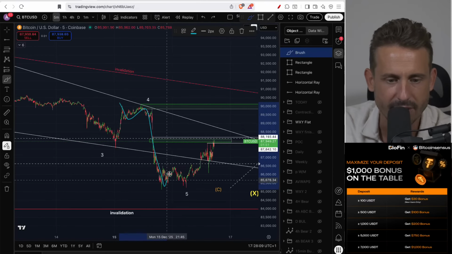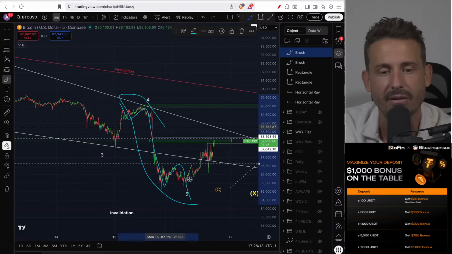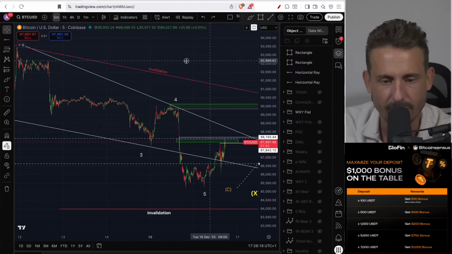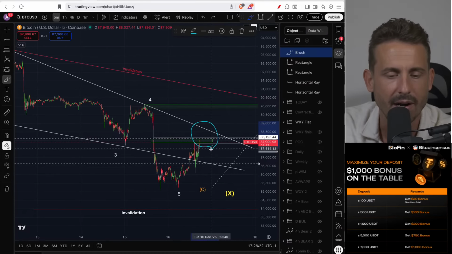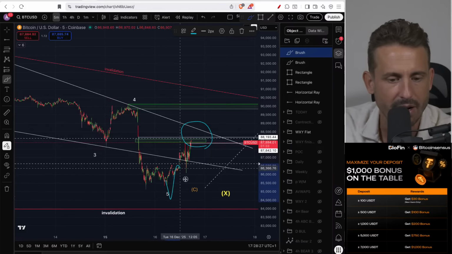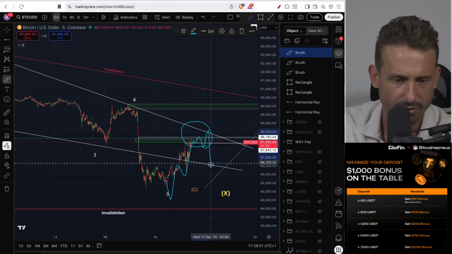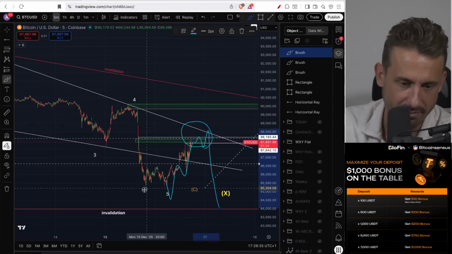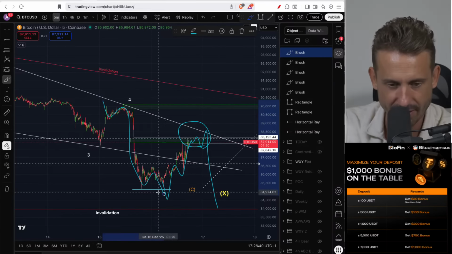The fact that we did not dead cat bounce and claim the low again for a 5-wave move down makes me doubt a little bit that we're looking for a lower high in this region. If we would have claimed the low here, absolutely, I would be more confident for a lower high in this region to then roll over, if we would have claimed a low to have that 5-wave move down here.